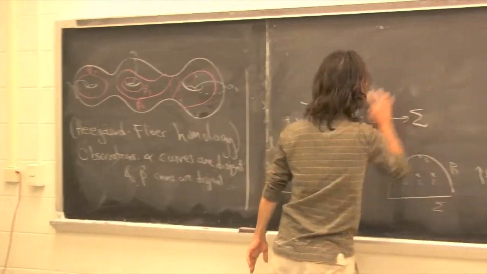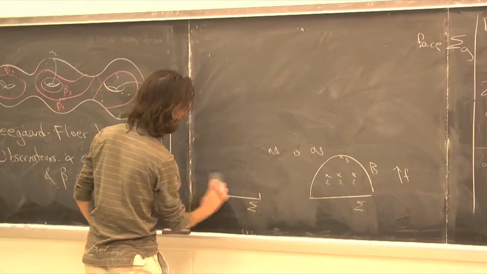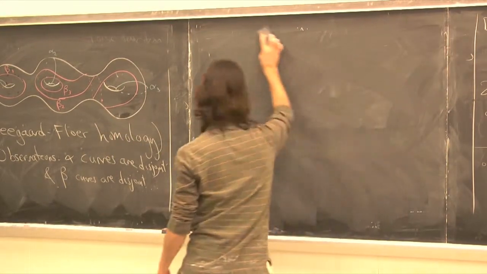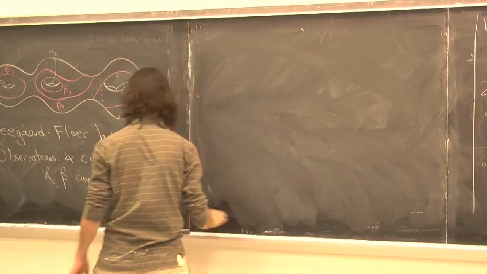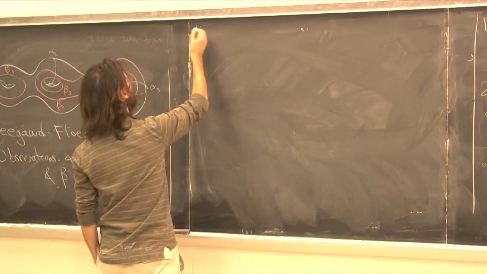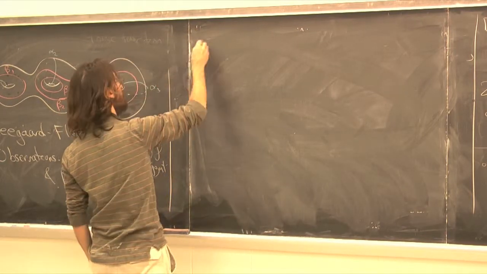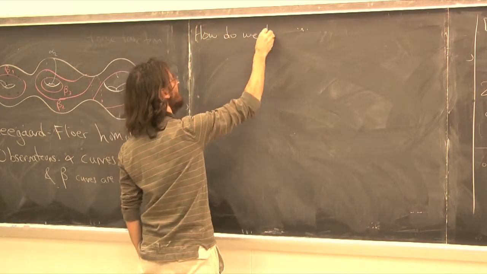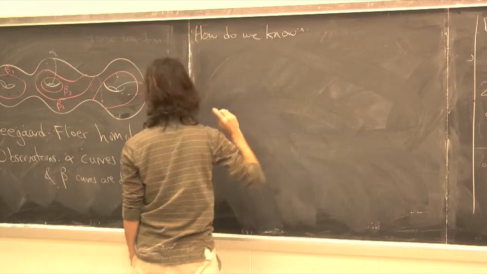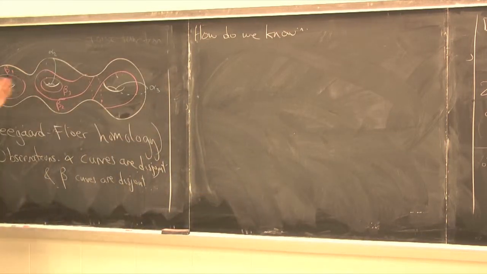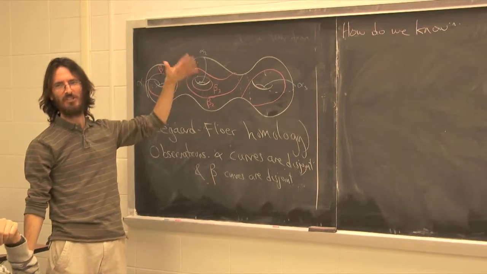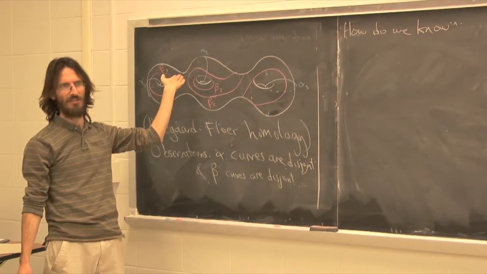But then the other thing to observe is, so how do we know? Suppose I draw a bunch of alpha curves and beta curves. I draw G alpha curves and G beta curves, G disjoint blue curves, G disjoint red curves on the surface.